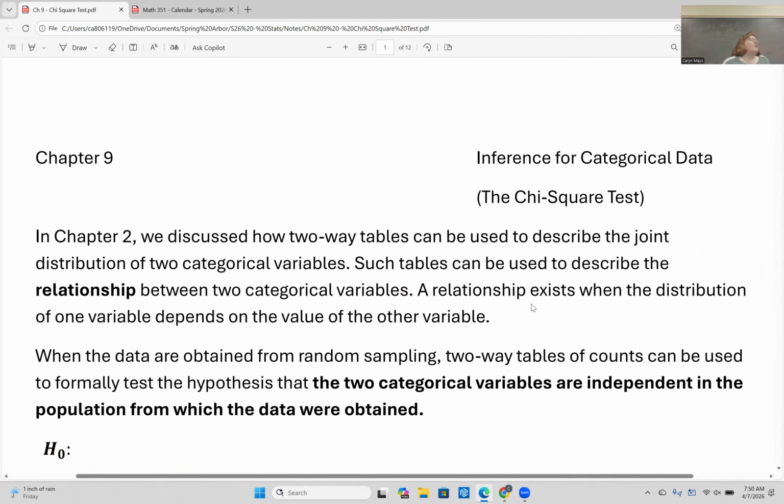But the last several tests we've had have all been about what if I have this quantitative variable I want to test information about. But way back in chapter 1, chapter 2, we talked about there's two different types of data.